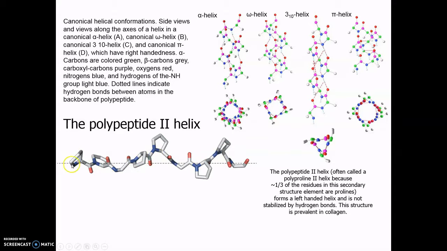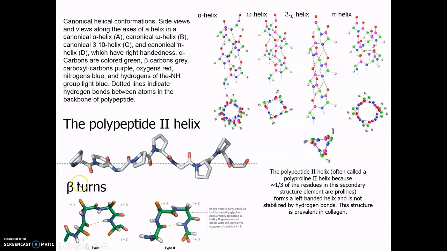This is an important structure because it is what exists in the protein collagen, and you may have heard of people getting collagen infections before. This is a major filament type structure that is part of our connective tissue. It's also a major part of our bone as well.